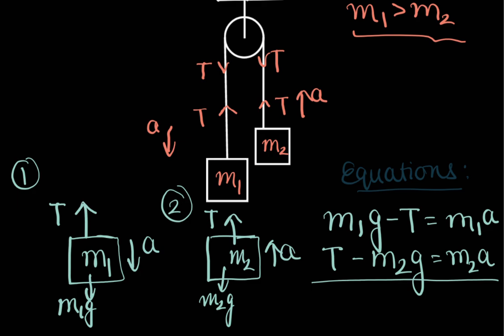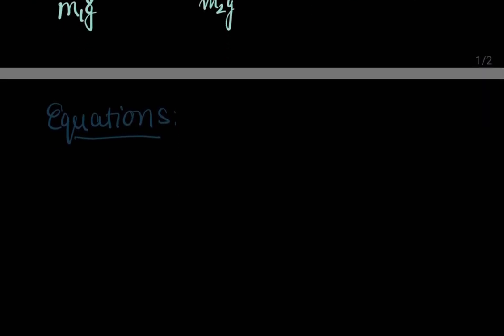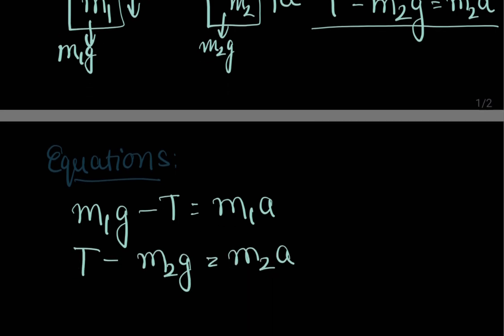Let me write it nicely. Our equations are: m1g minus T is equal to m1a, and T minus m2g is equal to m2a.